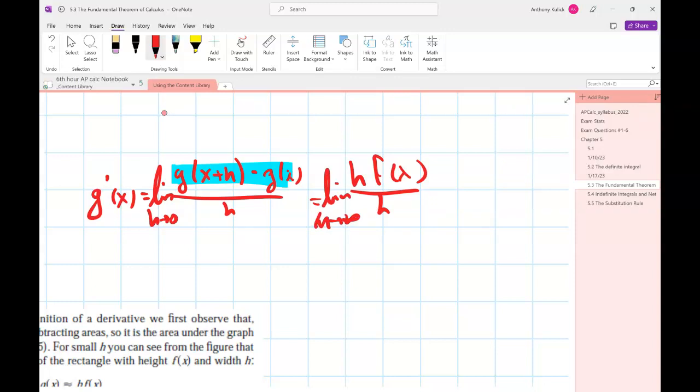And there I notice what's going to happen with my h's. They cancel out, which is wonderful. Is there any h involved in f of x? No. So we can treat it like a constant. The limit of a constant is just the constant.